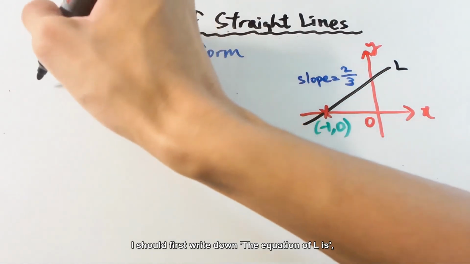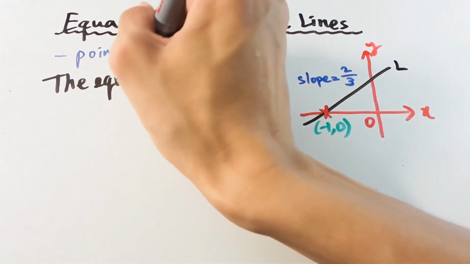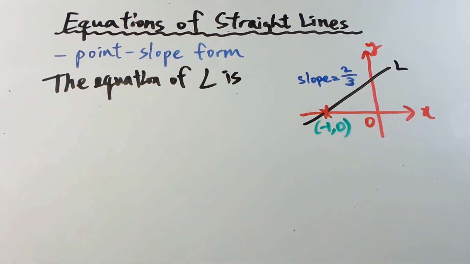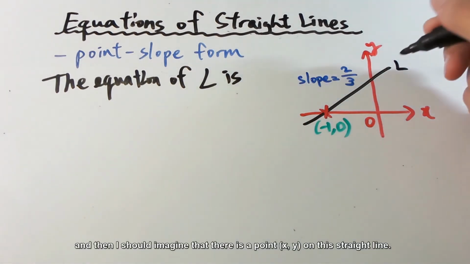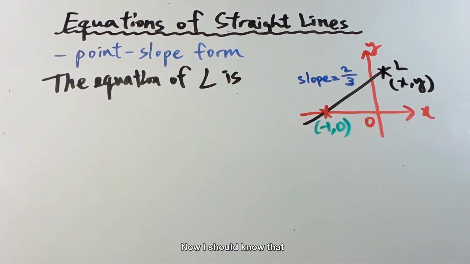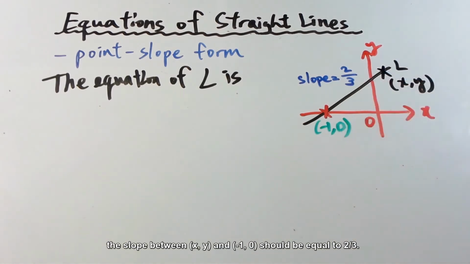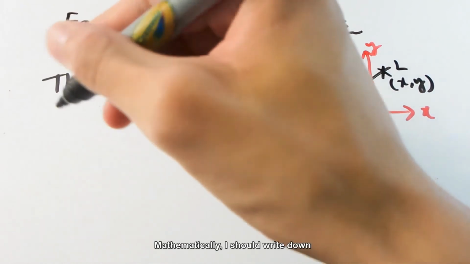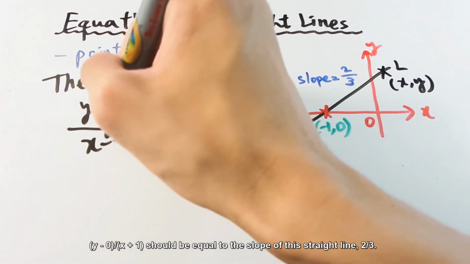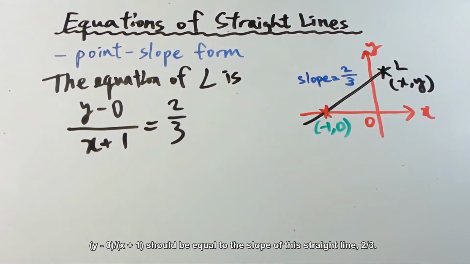I should first write down the equation of L, and then imagine that there is a point (x, y) on this straight line. Now the slope between (x, y) and (-1, 0) should be equal to 2/3. Mathematically, (y - 0) over (x + 1) should be equal to the slope of this straight line, 2/3.